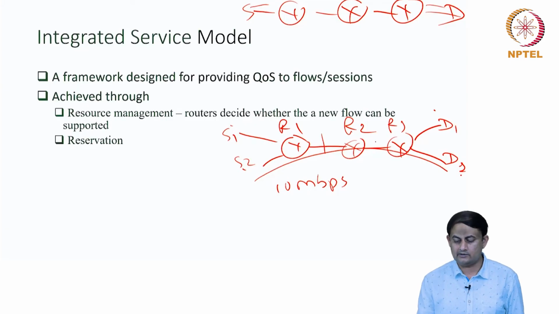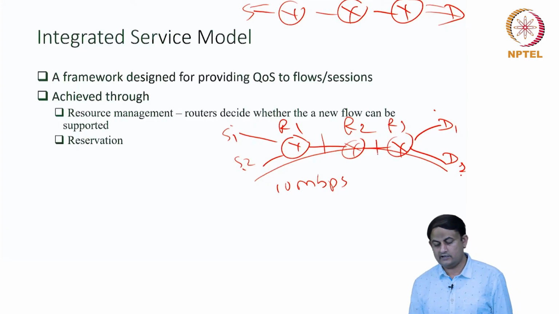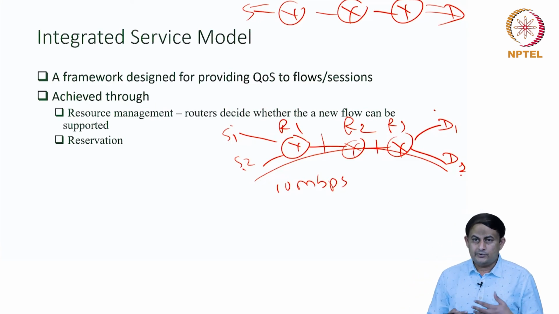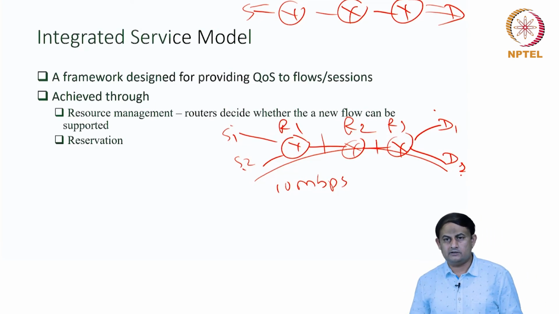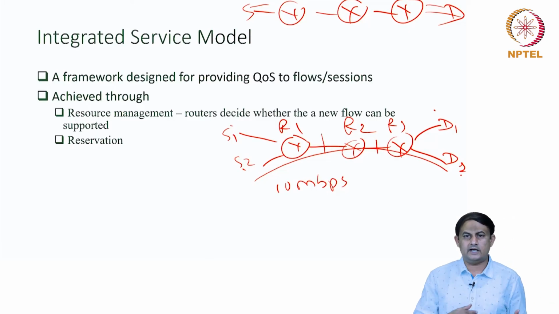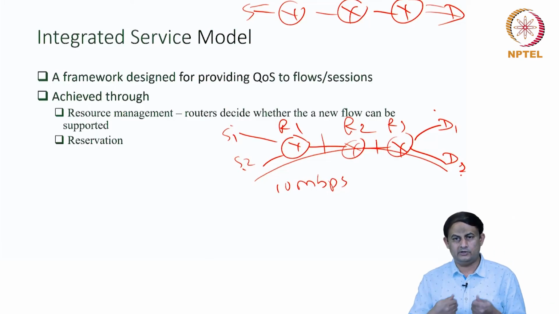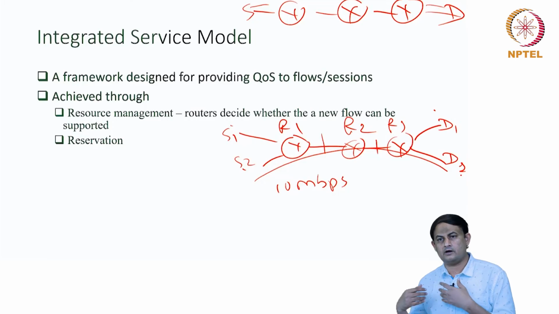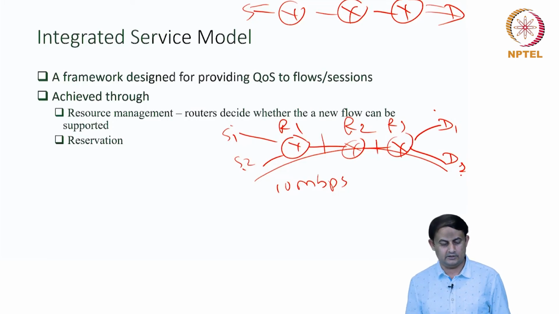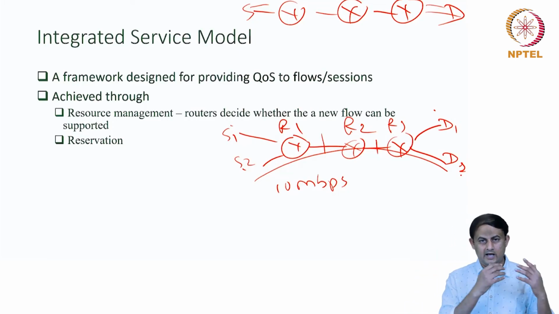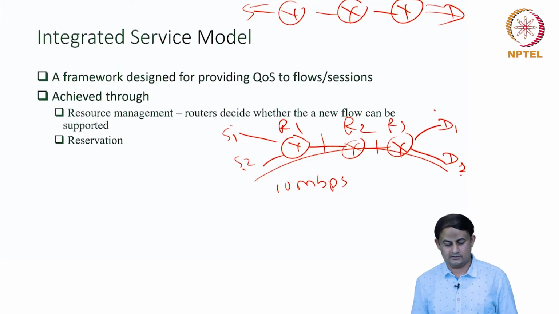Similarly, R2 also needs to decide whether there is 10 Mbps bandwidth available in this link, and so forth. So without affecting the existing or ongoing conversations in the network, the routers need to decide whether to support the new flow coming into the network or not. This is called admission control. It has a provision for admission control.